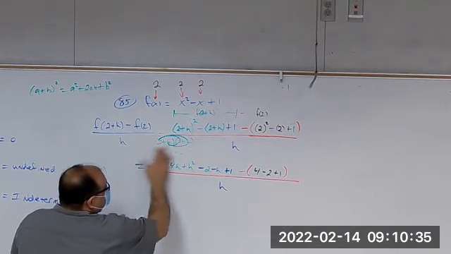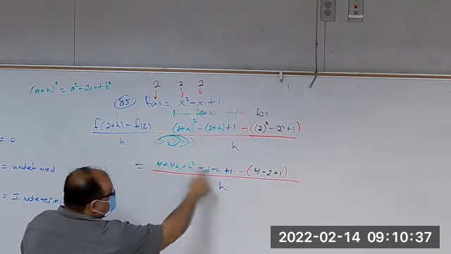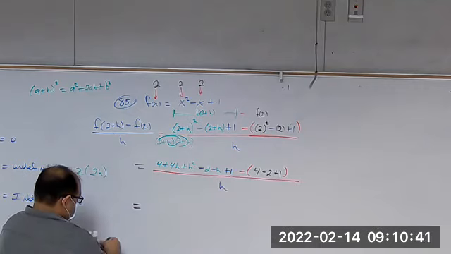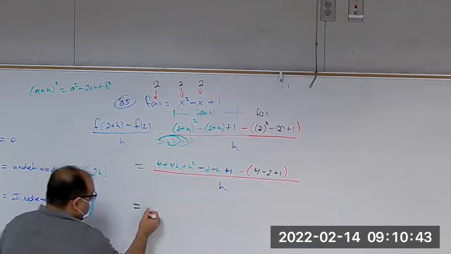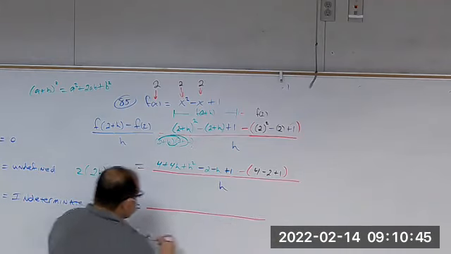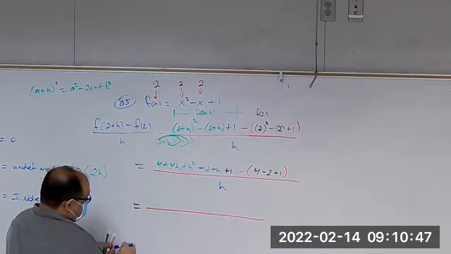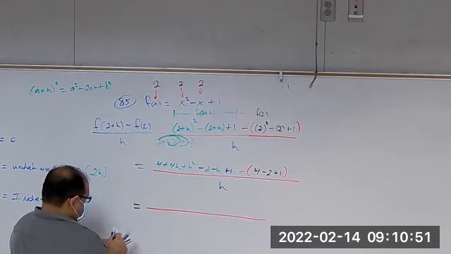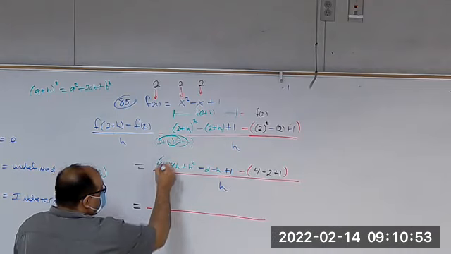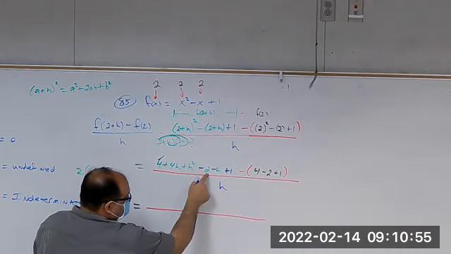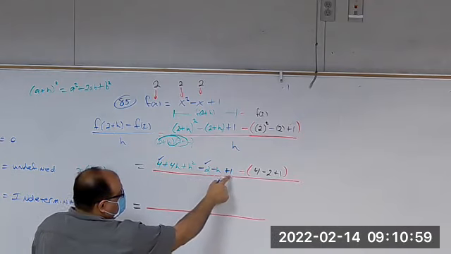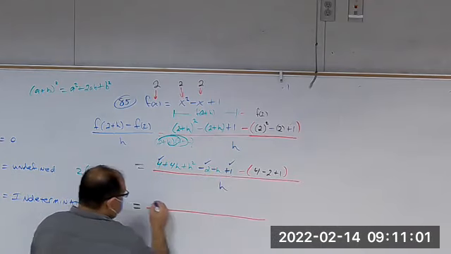So now, combine like terms. Whatever like terms I have, I'm going to combine. We have 4 minus 2, which is 2, and then a plus 1. 2 plus 1 gives me 3.